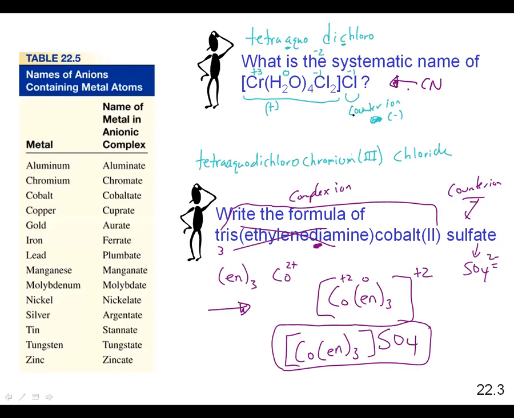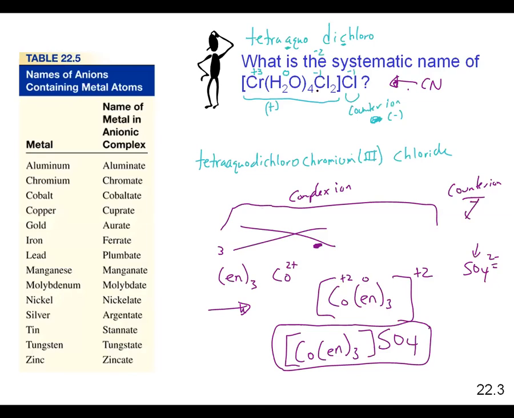All right, so here on the first one, we have 4 waters and 2 Cls attached. Both Cl and water are monodentate, which means the coordination number here would be 6. On the bottom, the coordination number would be 6 as well.